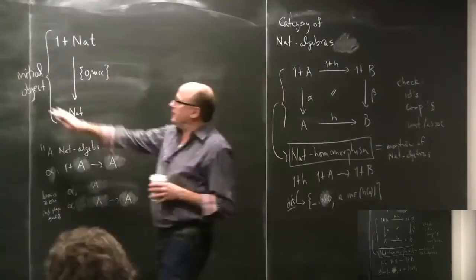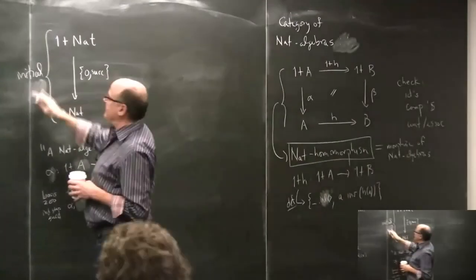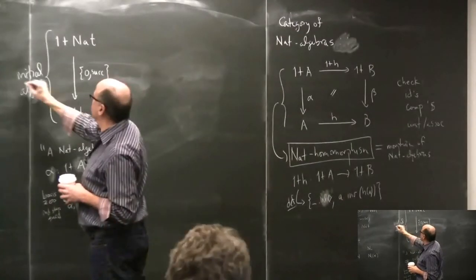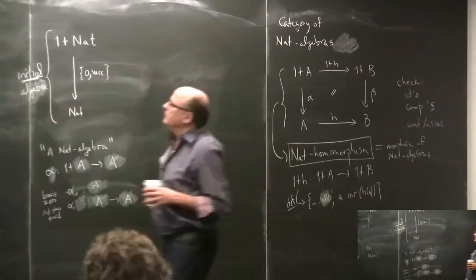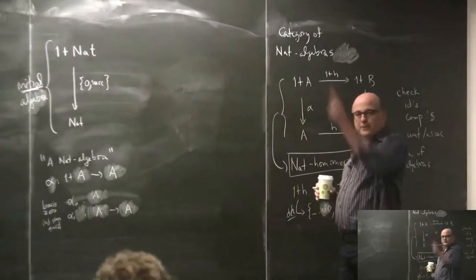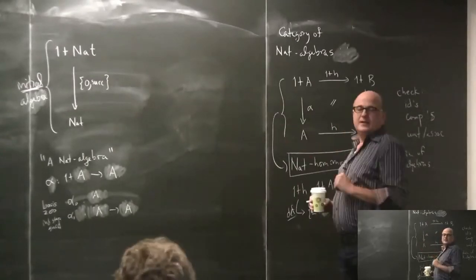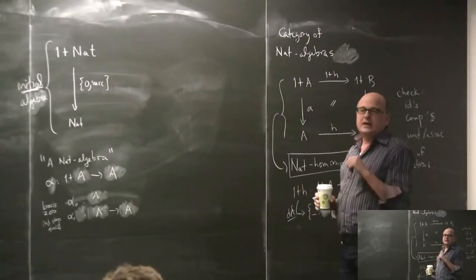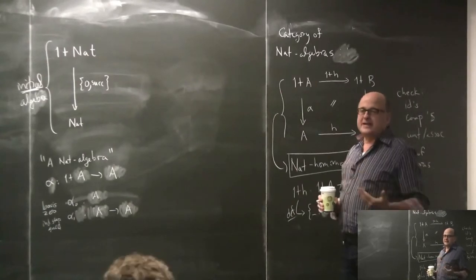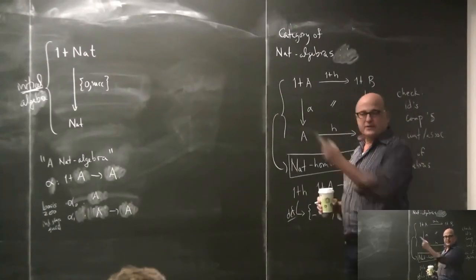An initial object in the category of NAT algebras is called an initial algebra. But what is an initial object in a category? It's an object for which there's a unique map to every other one. So it's often notated 0, because think of it as a type. The empty type is the type that has a unique map to everything else, abort.